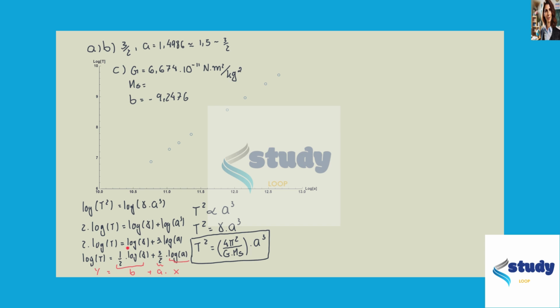We begin by equating 1 over 2 logarithm of gamma with this. By doing that, we get the following. 1 over 2 times the logarithm of gamma is equal to minus 9.2476. Now, we can send 1 over 2 inside the logarithm as a square root.